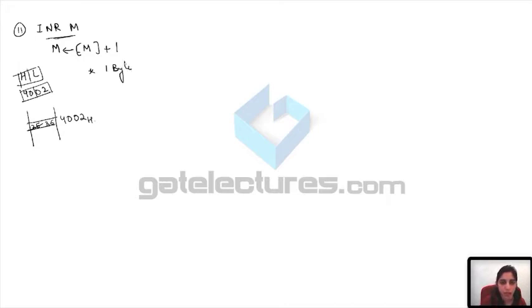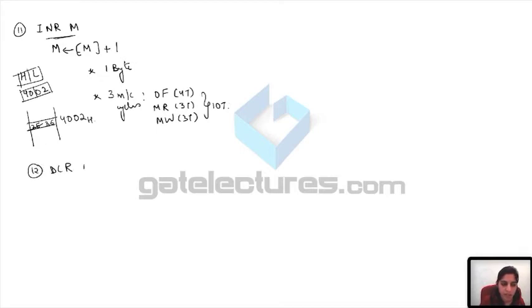This is a 1 byte long instruction and is having 3 machine cycles, which are opcode fetch, memory read and memory write. We are performing memory read and memory write both in this instruction. So we are having 3 machine cycles, opcode fetch, memory read and memory write. Similarly, we are having an operation to decrease the value, which is DCR M. Everything is same, just the contents of that memory location are going to be decreased by 1.